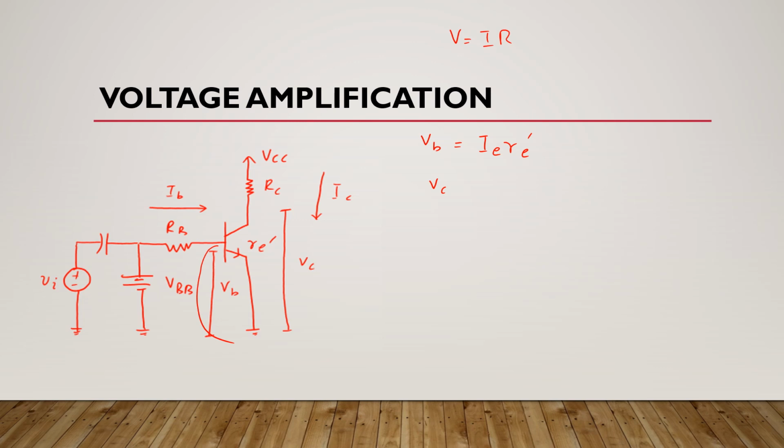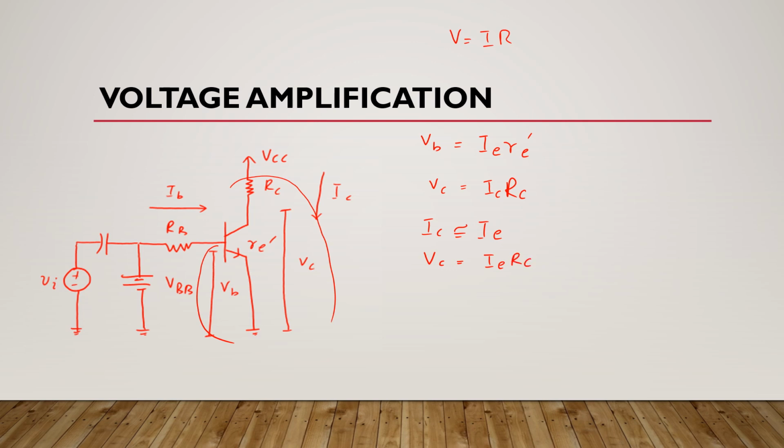From Ohm's law, it is equal to the AC voltage drop across RC, so it is equal to IC RC, and since IC is approximately equal to IE, the AC collector voltage is equal to IE RC.